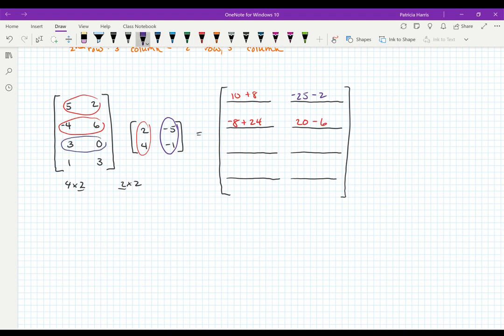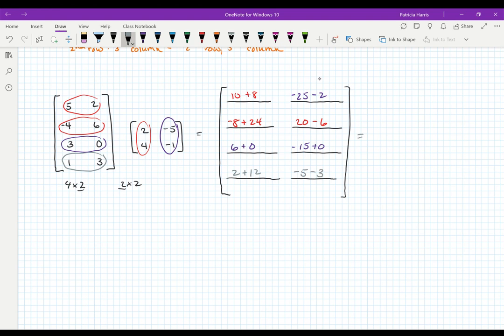Moving down. 3 times a 2 is a 6. 0 times a 4 is a 0. Moving across again, negative 15 and 0. 1 and 3, so 1 times 2 is 2. 3 times 4 is 12. 1 times a negative 5, and 3 times a negative 1.